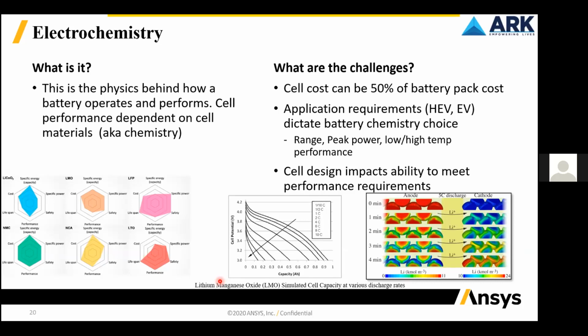So maybe you have to consider different choices based on the range, what peak power is required, what could be the low to high temperature, and how the battery is going to perform under those conditions. All those things need to be taken into consideration. Then cell design impacts the ability to meet the performance requirements. So definitely cell design also needs to be optimized.